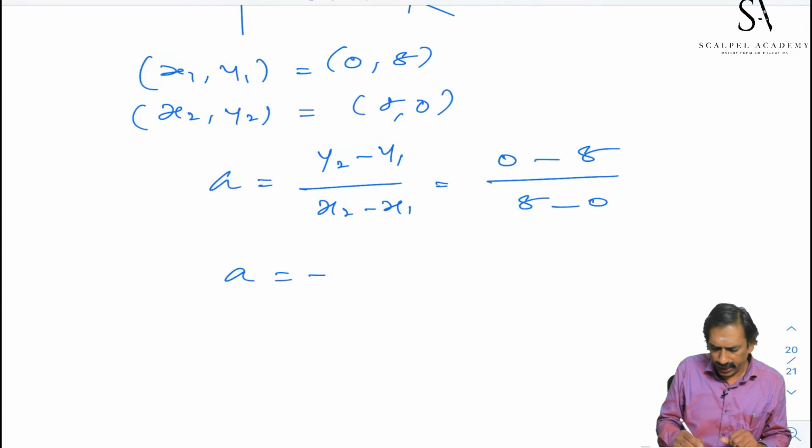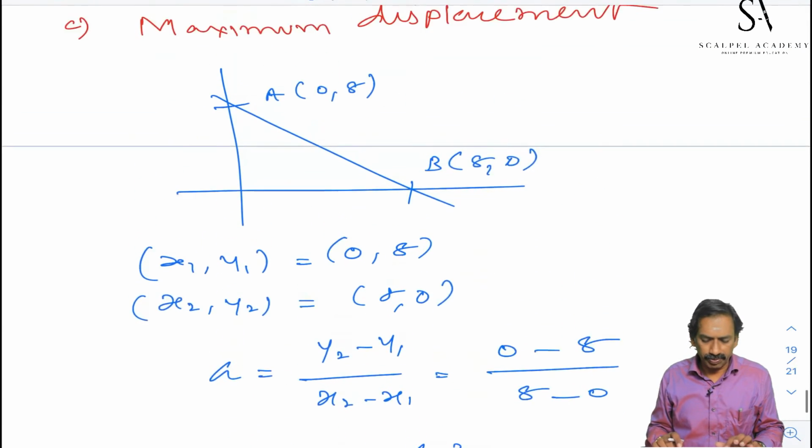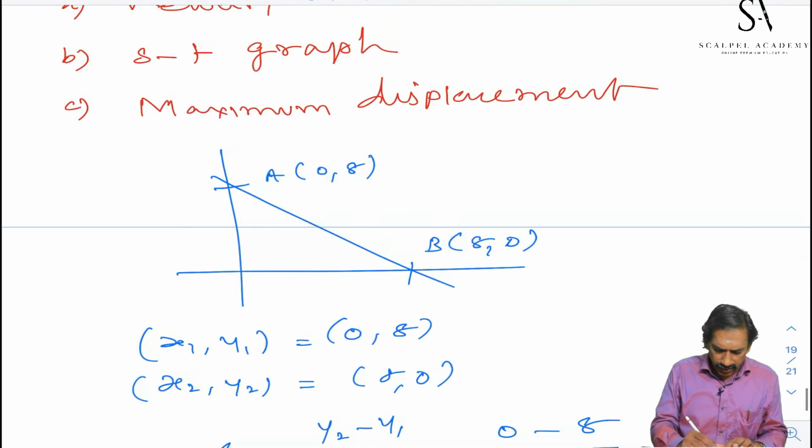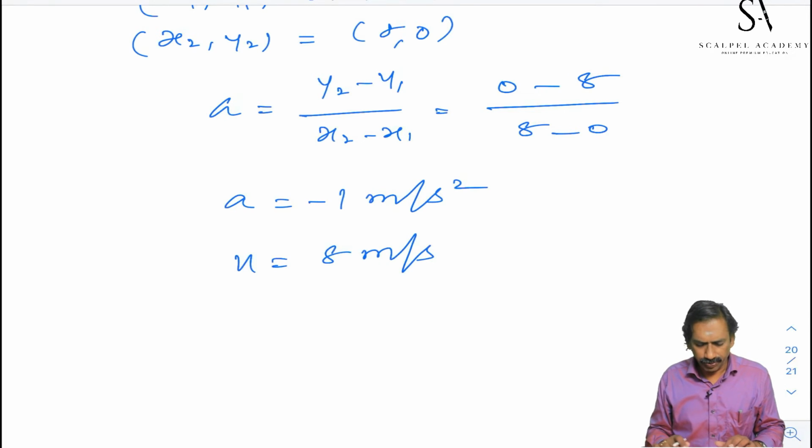A is equal to minus 1 meter per second square. We got acceleration. This is the initial velocity. Initial velocity is equal to 8 meter per second.